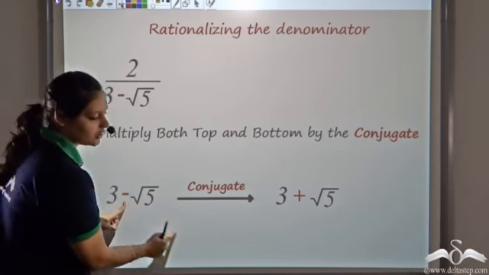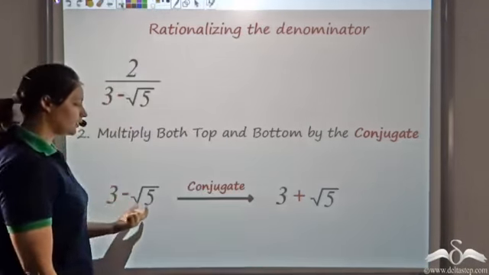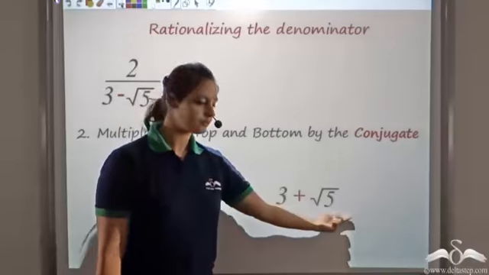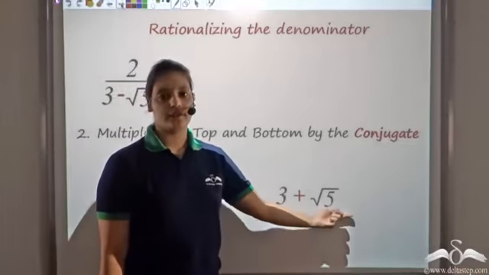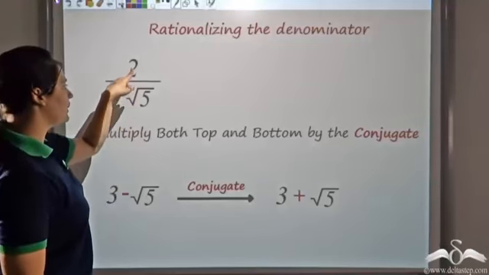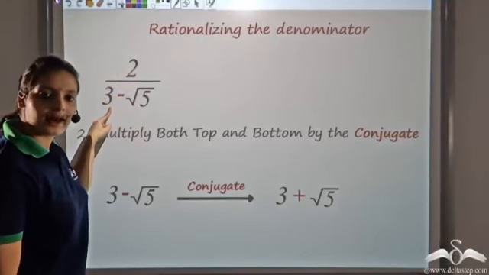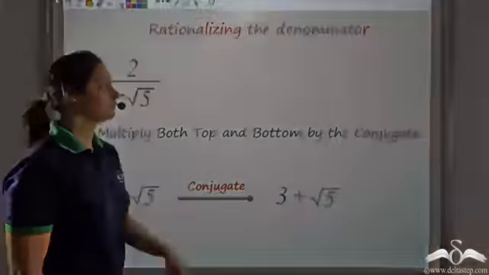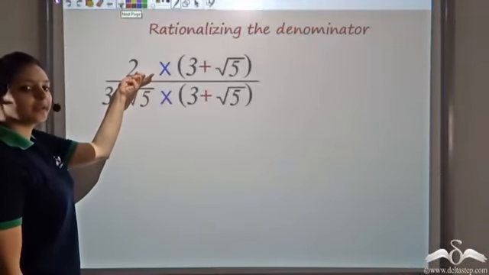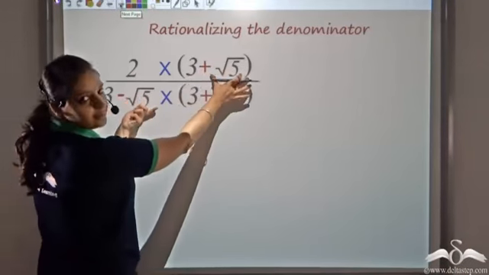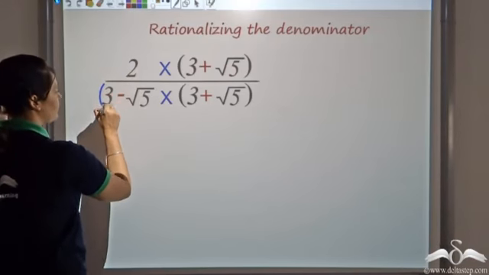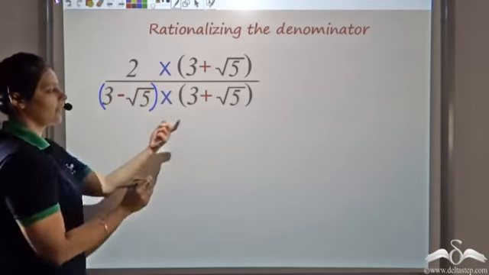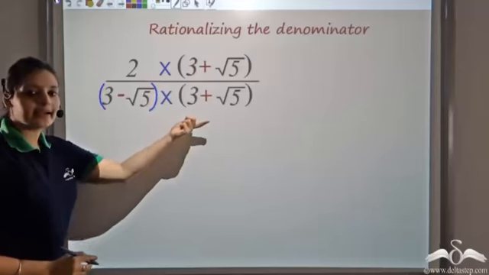So from subtraction it becomes addition. The other two terms remain the same. So the conjugate of the denominator is 3 plus under root 5. Now what I'll do is, I'll multiply both my numerator and denominator by this. So I multiply both the numerator and denominator by 3 plus root 5. So here the entire denominator has to be multiplied by 3 plus root 5. So this is what I get.